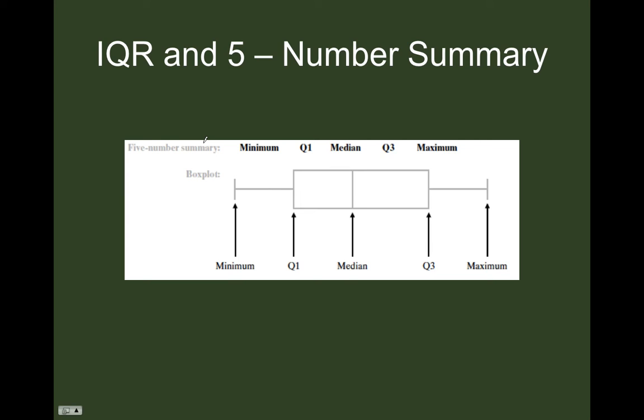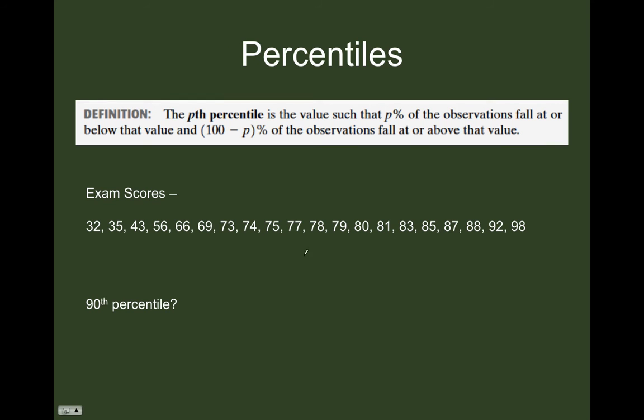Now I want to come back and talk about the IQR and another idea called the 5-number summary. The 5-number summary for any data set consists of the minimum, the first quartile, the median, the third quartile, and the maximum. So if I go back to this particular data set, the 5-number summary would be 32, that's the minimum.